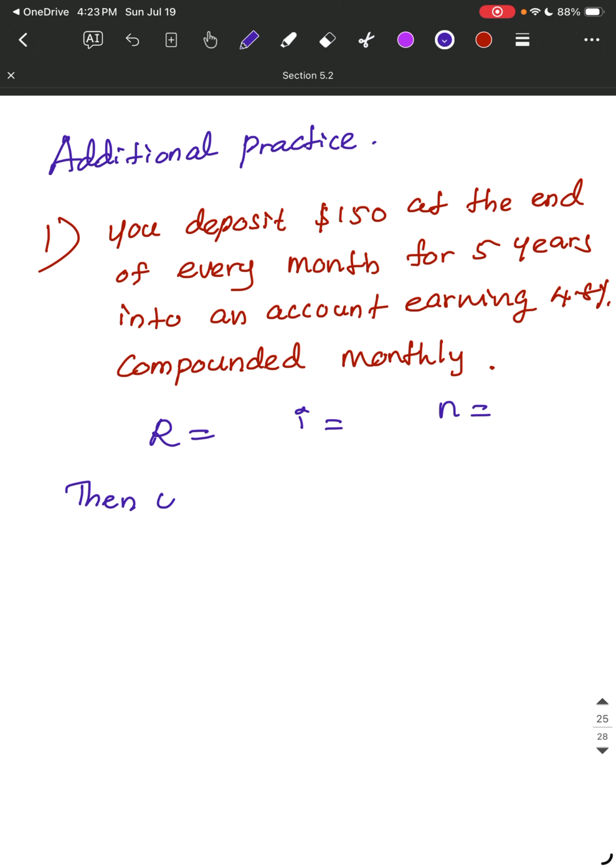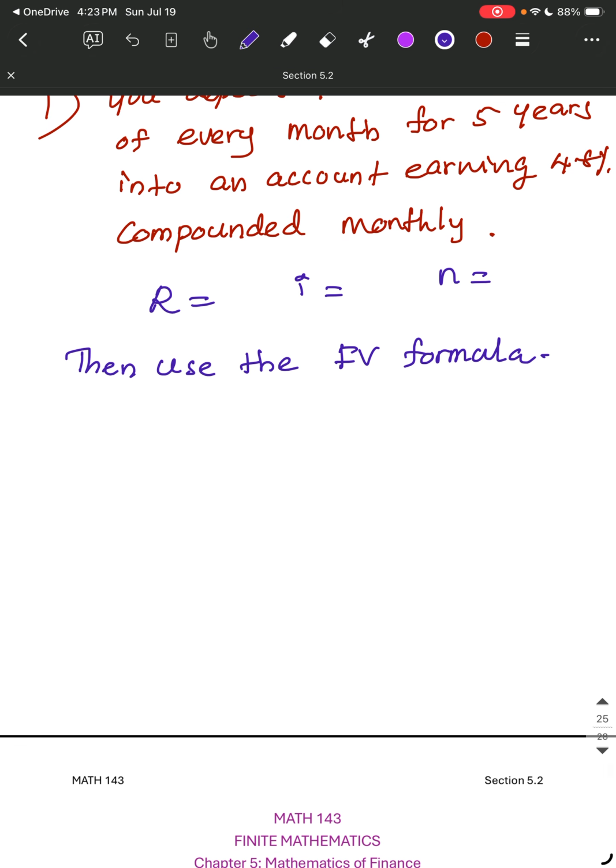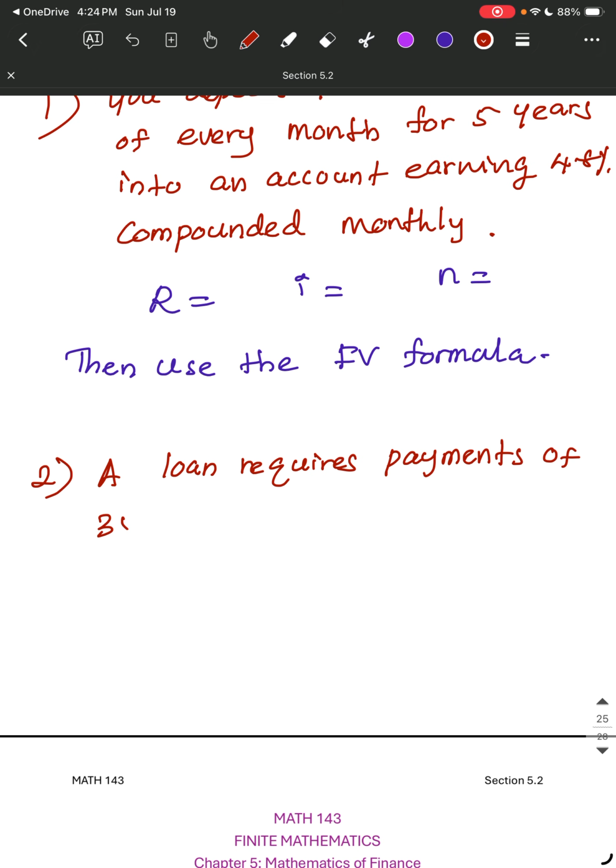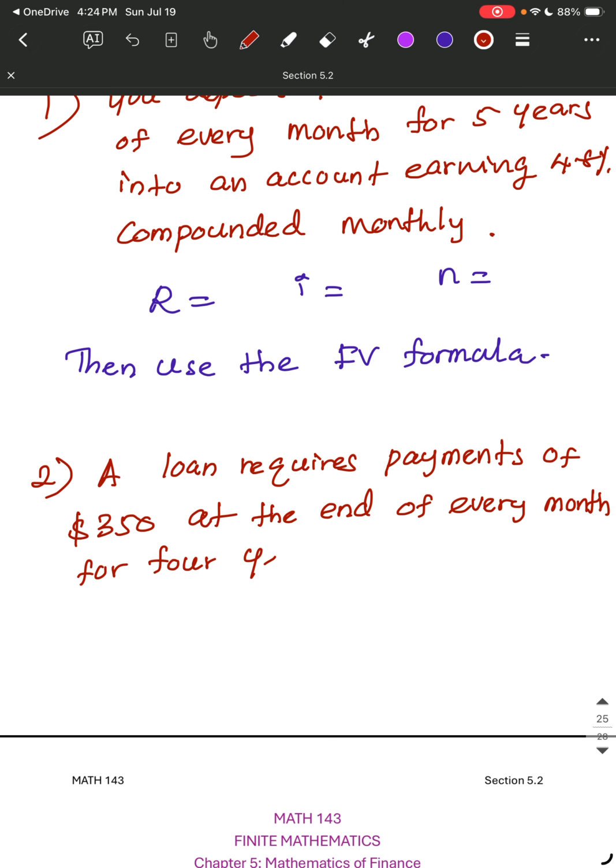Okay. Next one. A loan requires payments of $350 at the end of every month for 4 years at 7.2% compounded monthly.